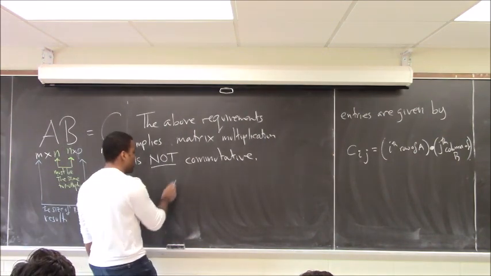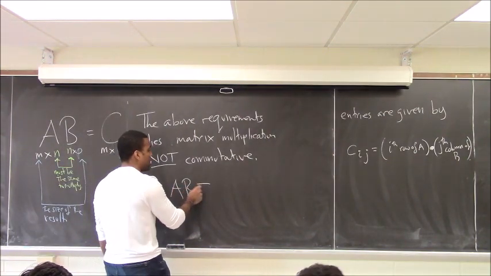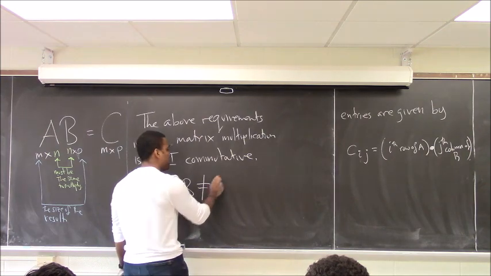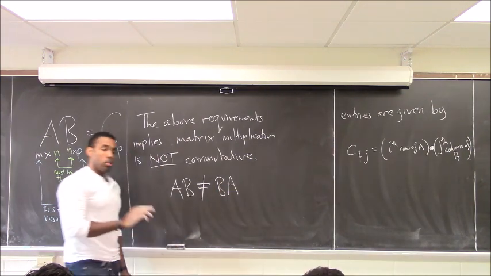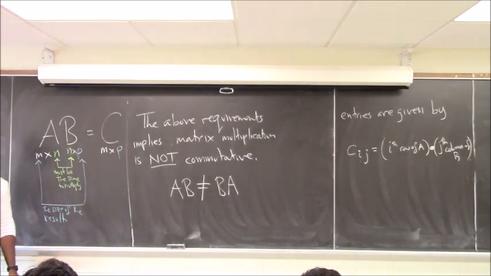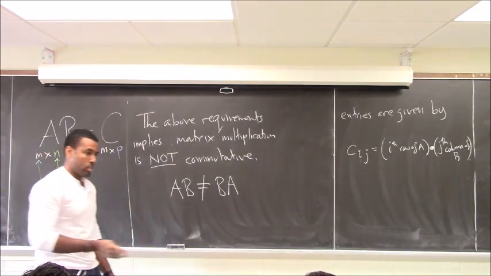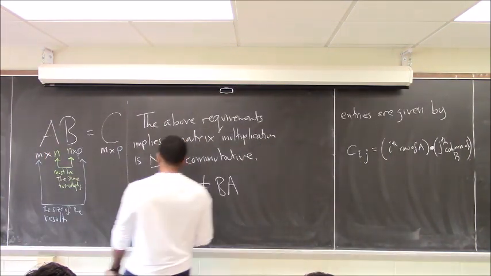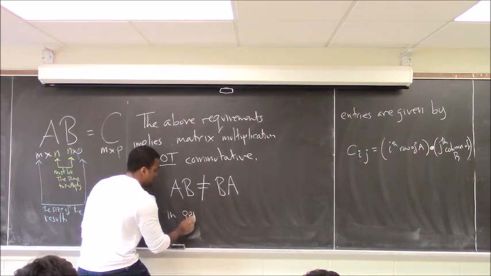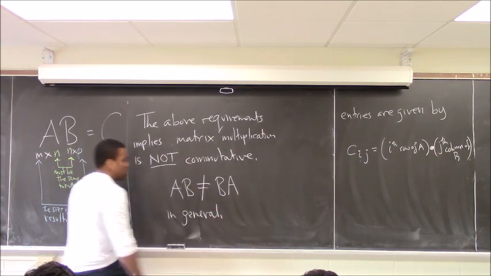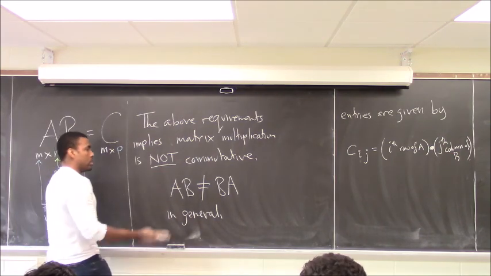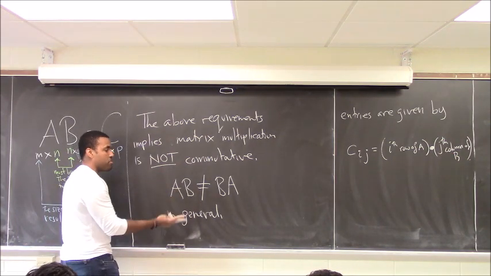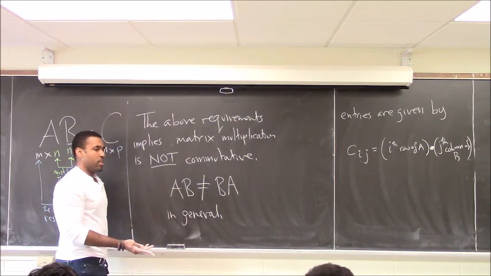So this means if you look at the matrix A times B, it is not the same as the matrix B times A in general. Before, with numbers, you can swap multiplication at will. With matrices, you cannot. It is no longer obvious to swap the order. It's even possible for one of these to be defined and the other one not to be defined at all.